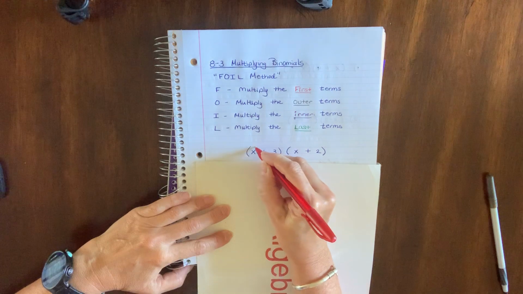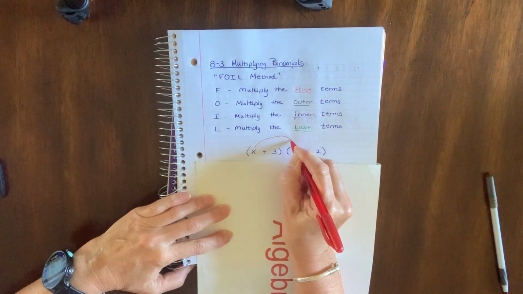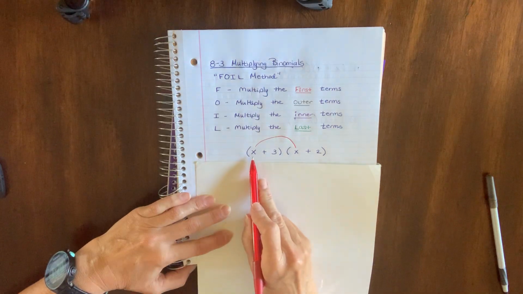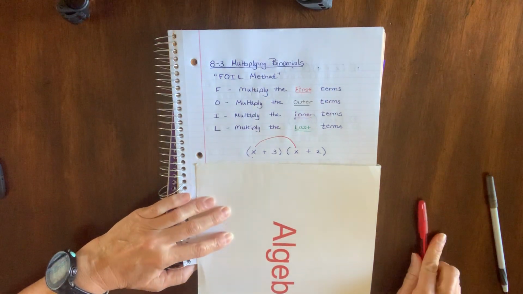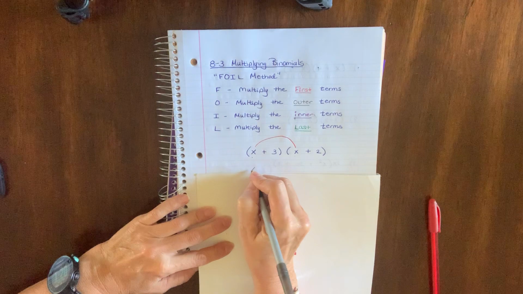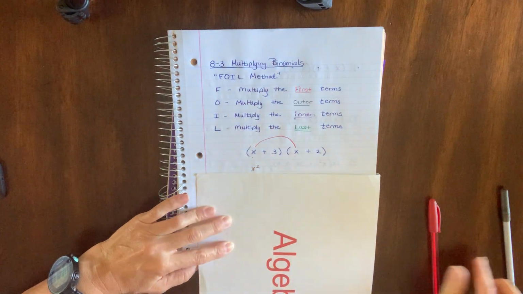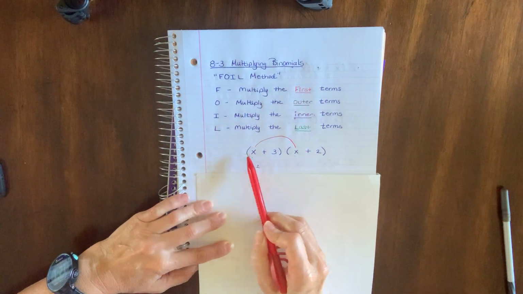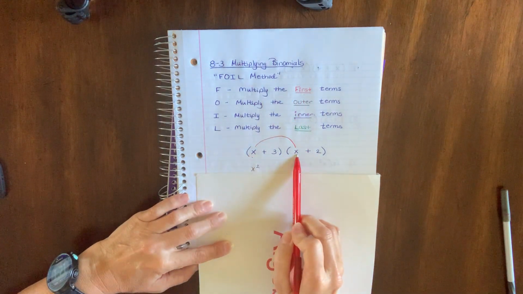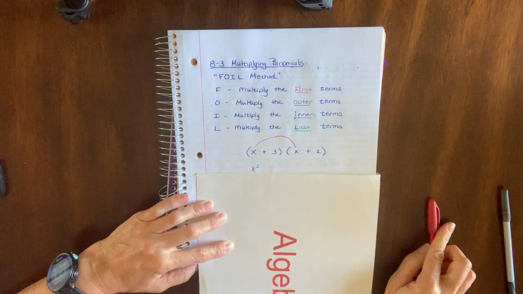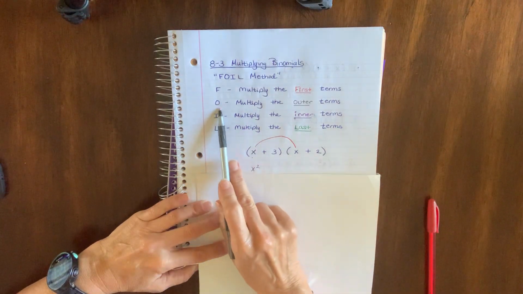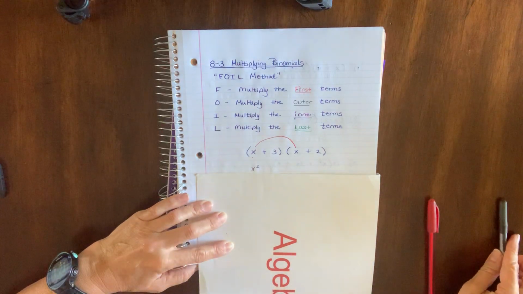Now I'm going to use this arc here to represent multiplication. So if I multiply this x times this x, I will get x squared. I'm going to use this red ink that matches up here, which is standing for the first terms. The second term that we have, we're going to use O and multiply the outer terms.